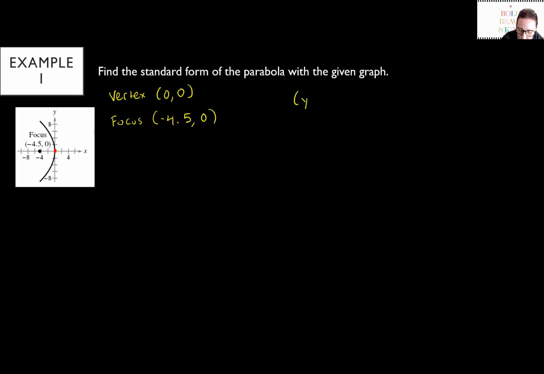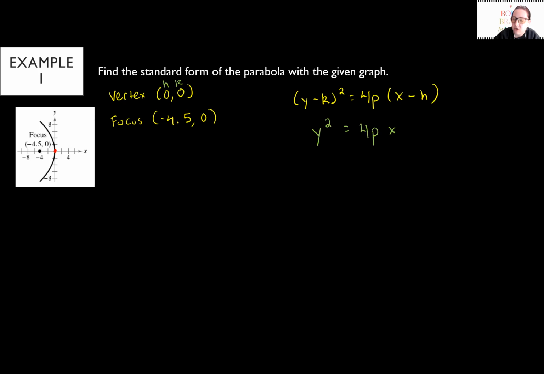So we know what h and k are from the vertex. The vertex always is h comma k. So since it's 0, 0, we can just replace those values with 0. So really what we're going to have is y minus 0 squared, or just y squared, equals 4p times x.